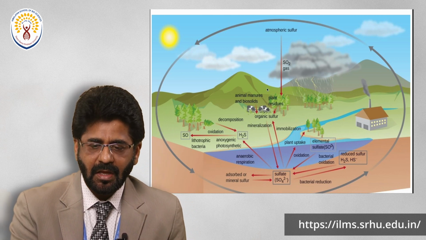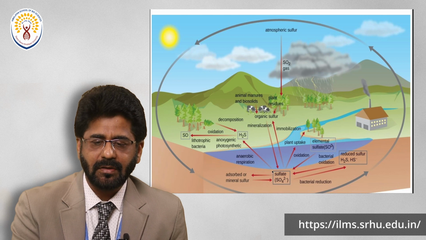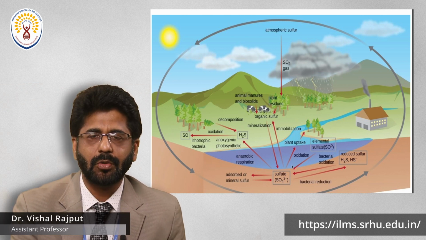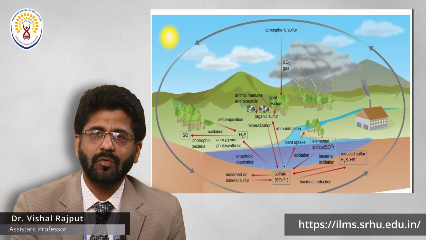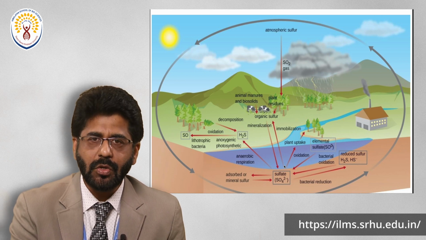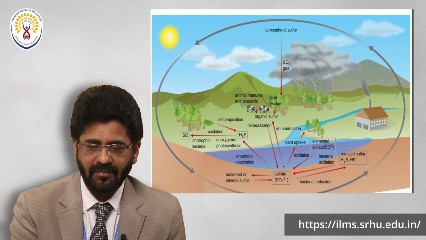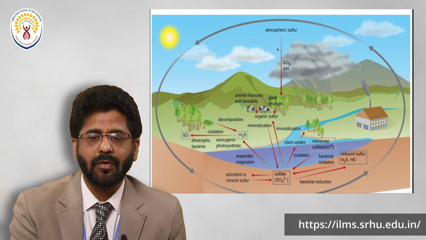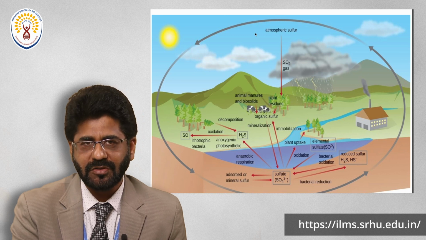Here you can see that sulfur in the form of sulfate is found in the lithosphere. This is the reservoir of sulfur. So a huge turnover is connected with this particular system, and all the movement goes from one place to another.